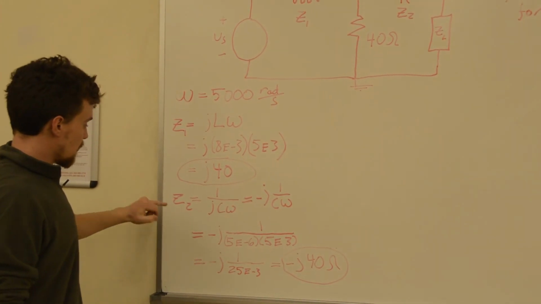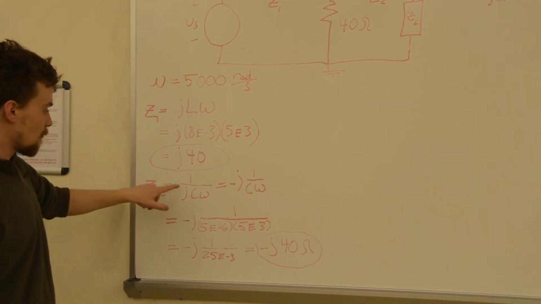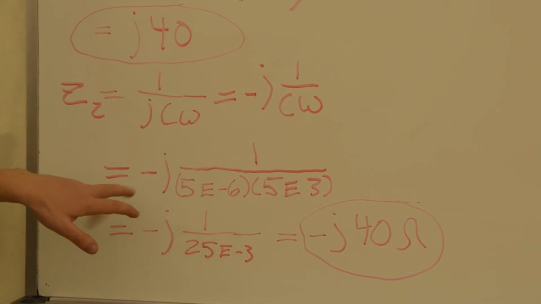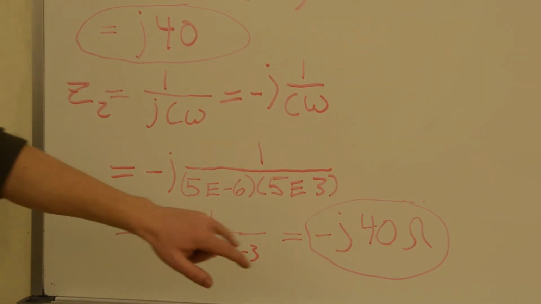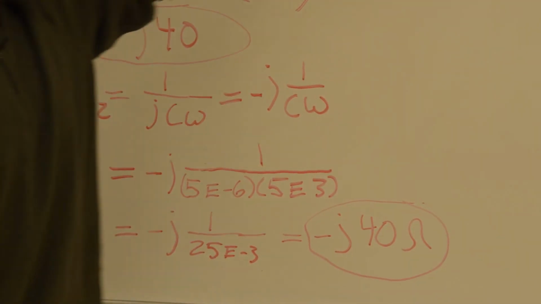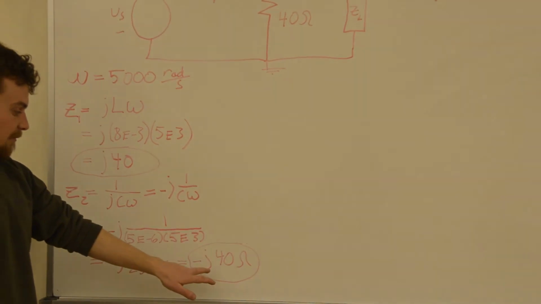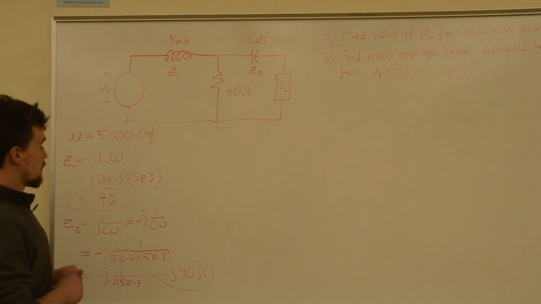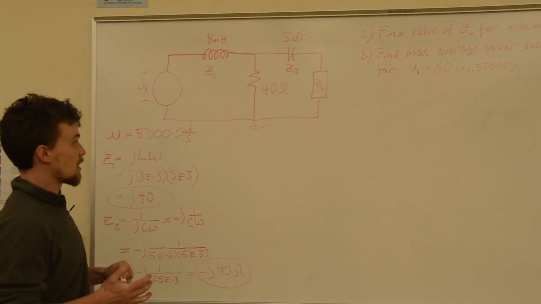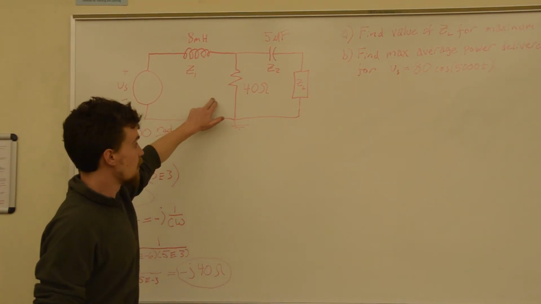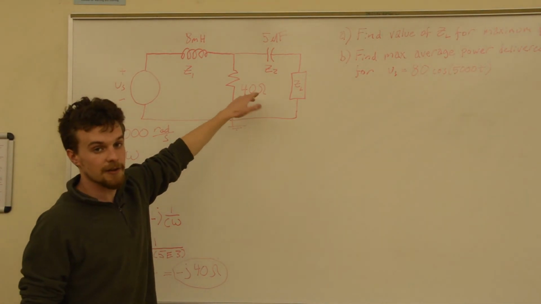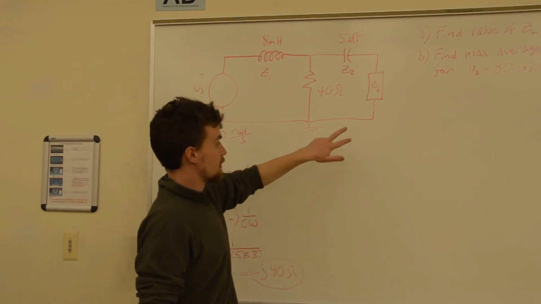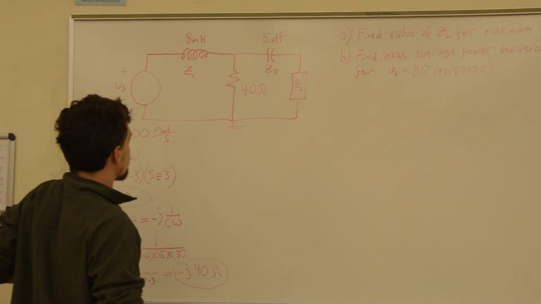The impedance of a capacitor is equal to 1 over j times capacitance times frequency, and when you do the math at this frequency, this capacitor has an impedance of minus j40 ohms. So now we have a value of impedance for every element in the circuit, because the impedance of the resistor is just the resistance. So we're going to find Z Thevenin using those values.